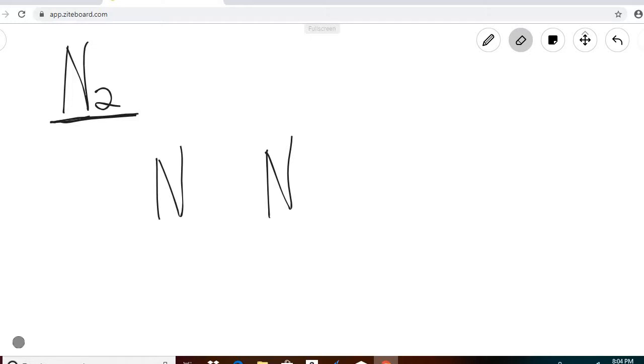Okay, so nitrogen is in group 5A, so it has 5 valence electrons. And the other nitrogen the same, 5 valence electrons. Okay, so each one has 3 unpaired electrons, so we can just move those all into the middle.